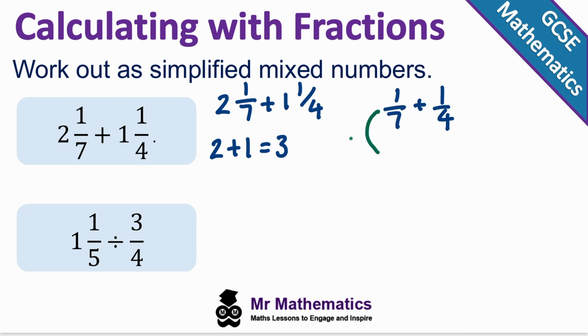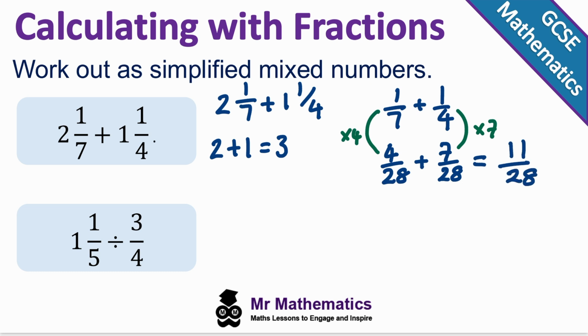So if we multiply this one by 4 and this one by 7, we'll have a lowest common multiple of both, which is 28. So 1 times 4 is 4 28ths, and then 1 times 7 will give us 7 28ths. Adding these 2 together, we'll get 11 28ths. So our simplified mixed number will be the 3 and 11 28ths.